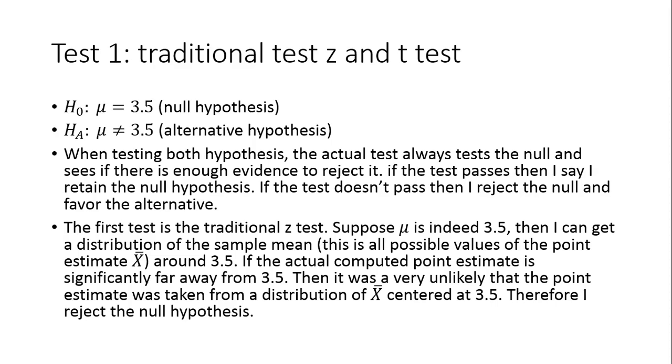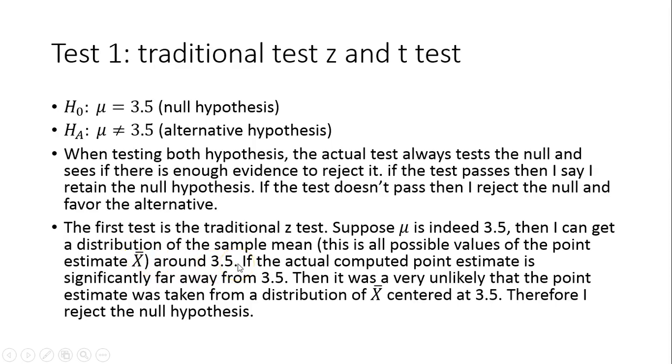So the first test is the traditional Z test. And here's how it proceeds. You suppose that the mean is indeed 3.5 to begin with. Then I can get a distribution of the sample mean. This is all possible values of the point estimate, X bar, around 3.5.